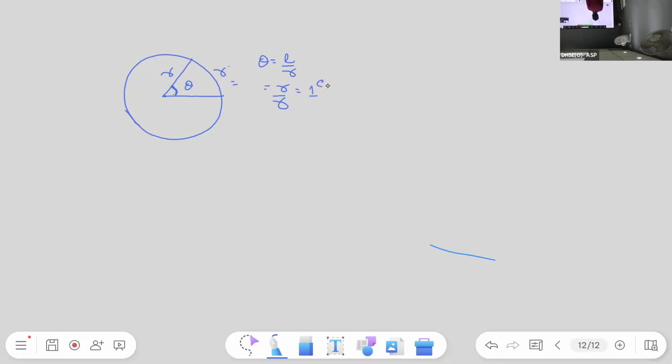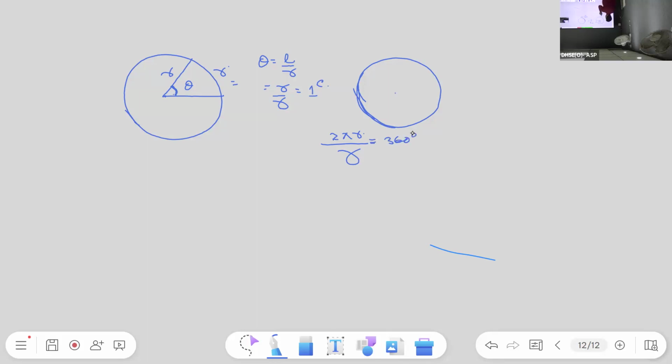So 2 pi r by r is equal to the total angle subtended, which is 360 degrees.